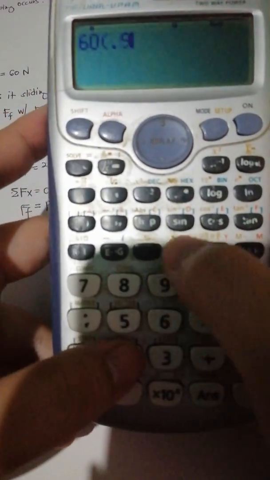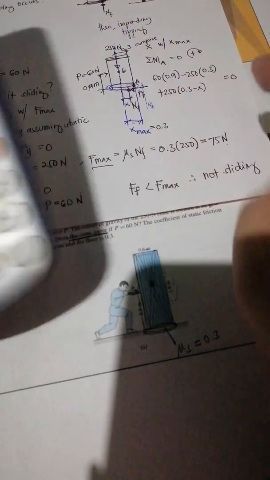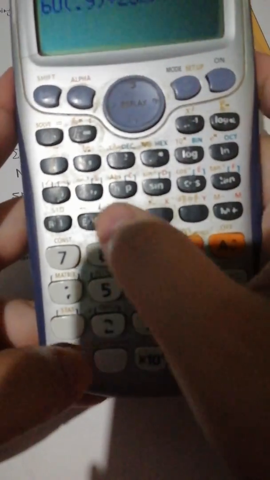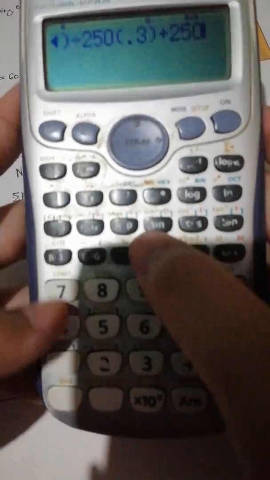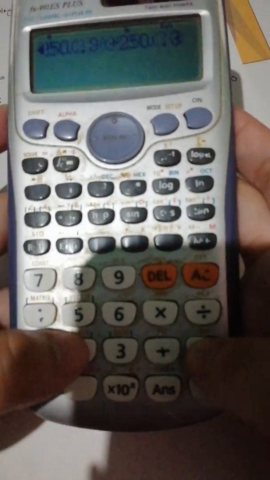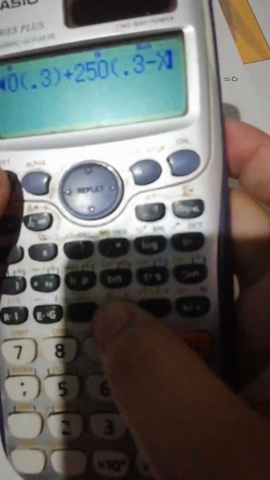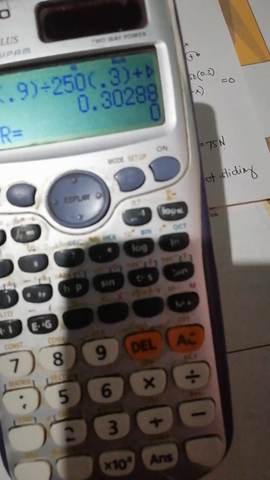Let's check the value: 60 times 0.9, minus 250 times 0.3, and then plus 250 times (0.3 minus x) equals 0.